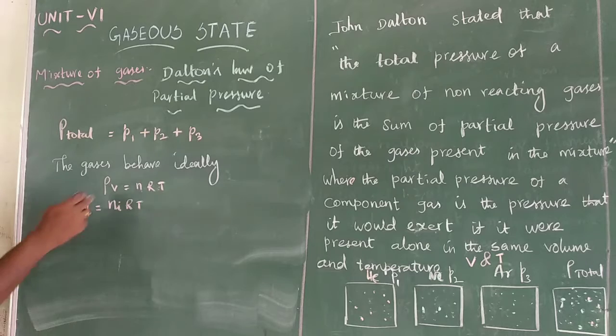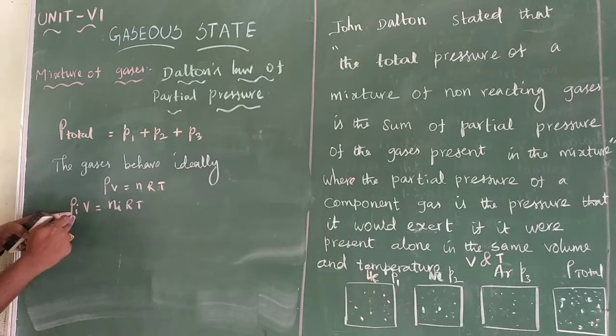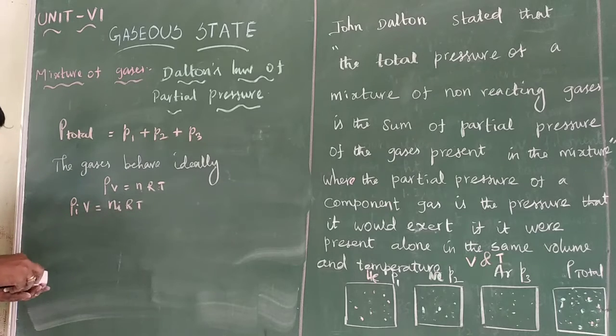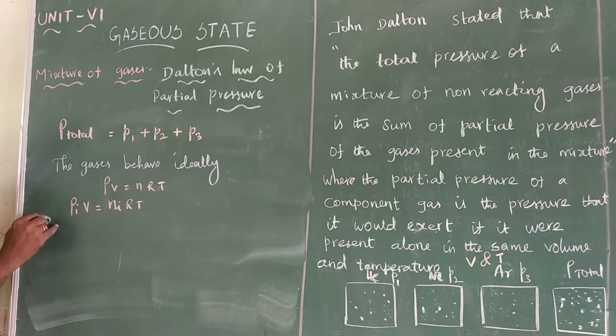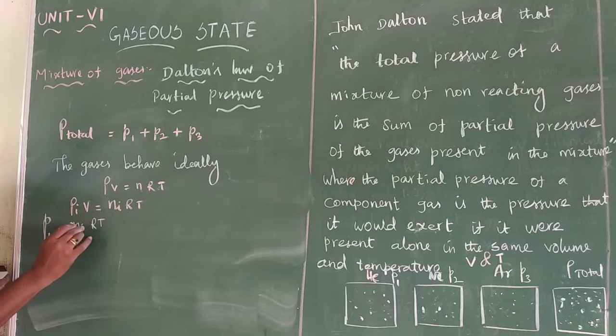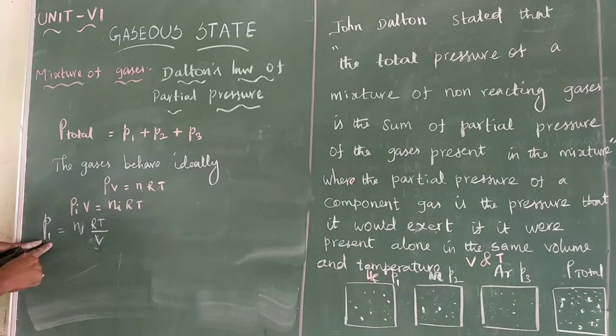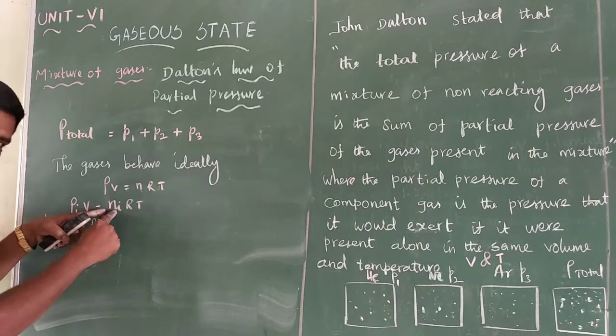So the partial pressure Pi means P1, P2, P3. So Pi is equal to ni RT by V.